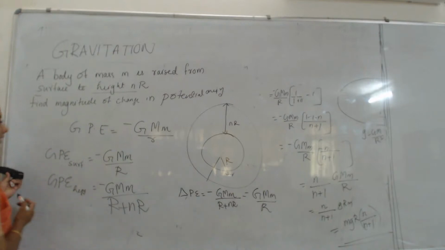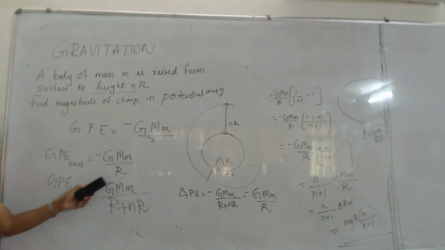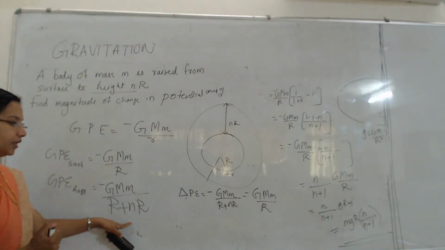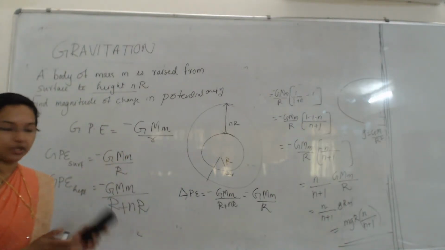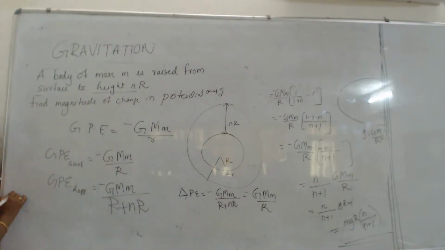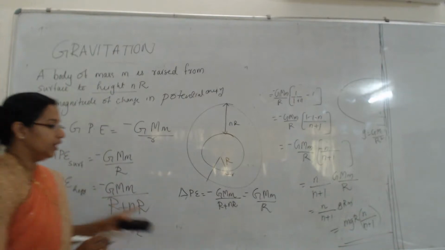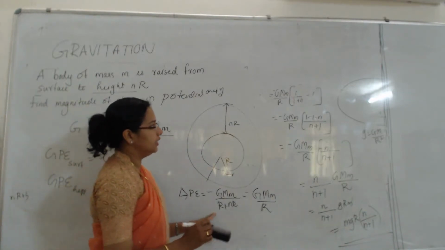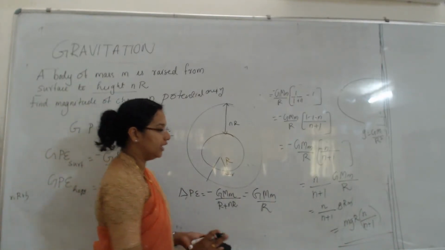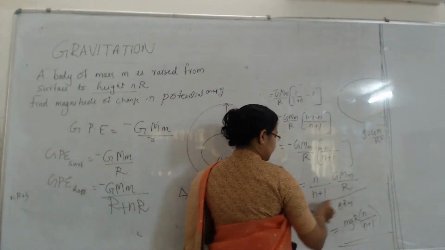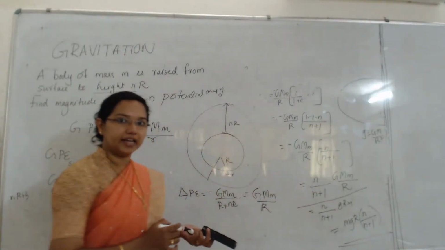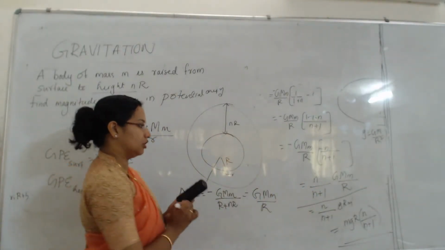So I can write gravitational potential energy at the surface is minus GM by capital R. At height it is GM by R plus nR, because the denominator should be capital R plus h. Change I subtracted. Rest all it's the same only. This option is correct, but this is not there, so that's why I converted capital G in terms of small g.